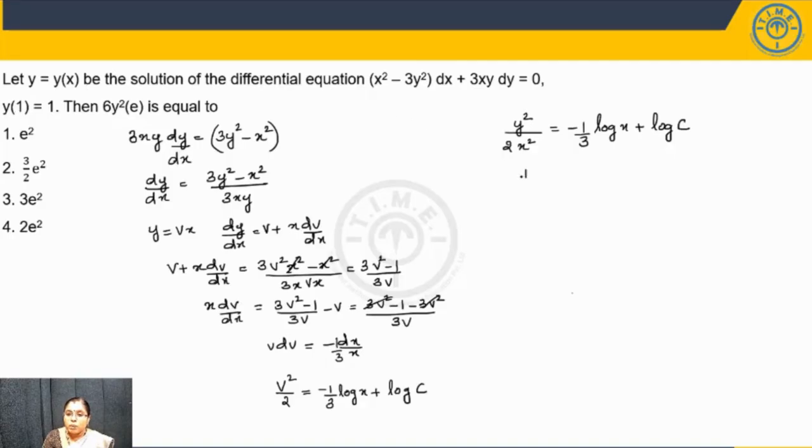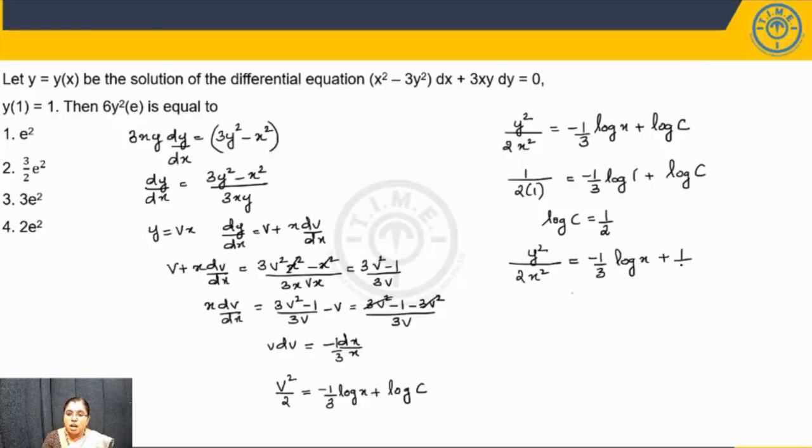So let's write 1 by 2 into 1 equal to minus 1 by 3 log 1 plus log c. Now log 1 is already 0. So we have log c equal to half. So that your equation becomes y square by 2x square equal to minus 1 by 3 log x plus half.